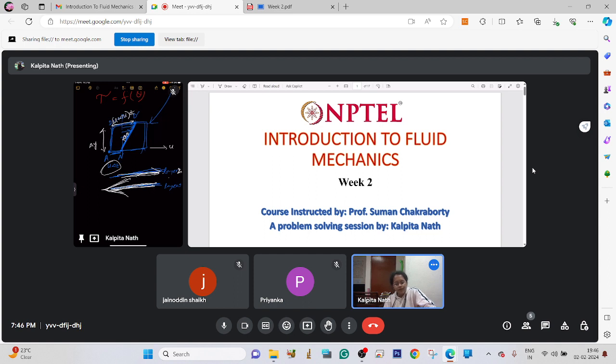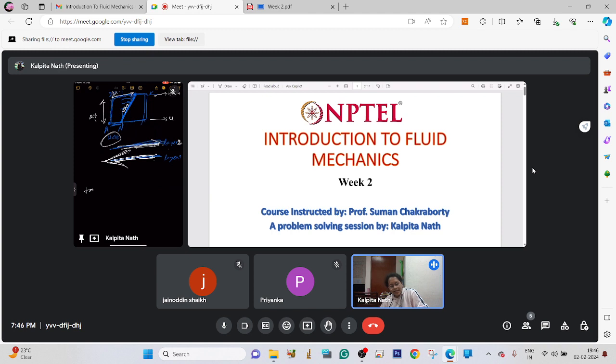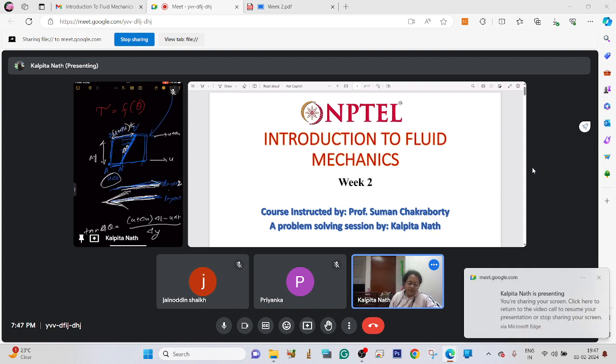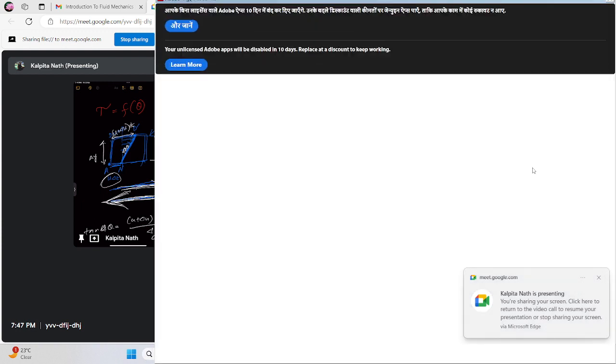If I take tan del theta, this will be u plus del u delta t minus u delta t by del y. What is tan theta? Tan theta is p by b, that is perpendicular by base.